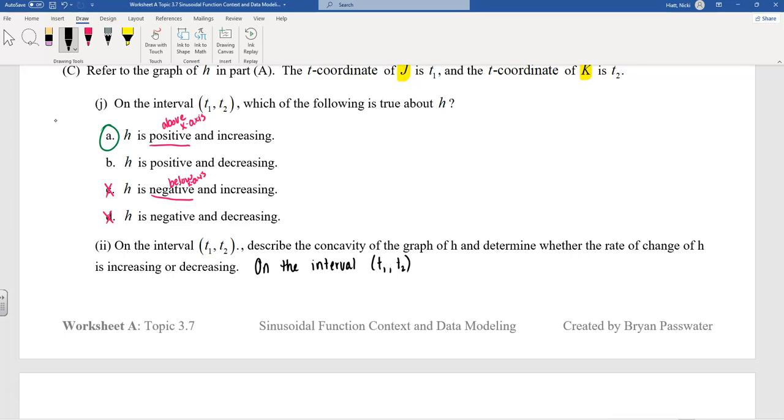You need to put that because this graph is not concave up everywhere. It's concave up here, right? So on the interval T1 to T2, the graph of H is concave up.